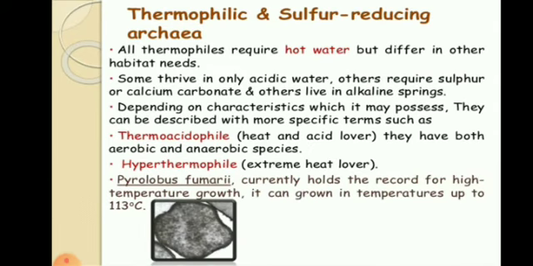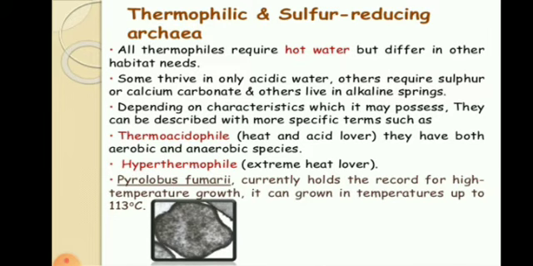Then we have thermophilic and sulfur-reducing archaea. They require hot water but differ in other habitat needs. They thrive only in acidic water, which is why they are also called thermoacidophiles. They require sulfur, calcium carbonate, and others live in alkaline springs.